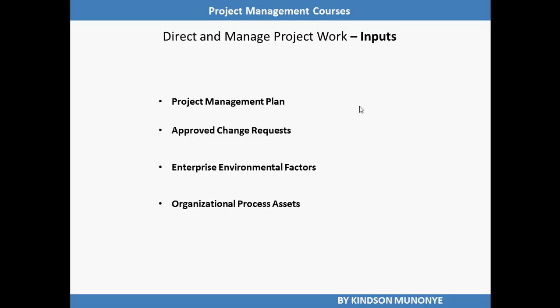I'll mention them again: the project management plan, approved change requests, enterprise environmental factors, organizational process assets.